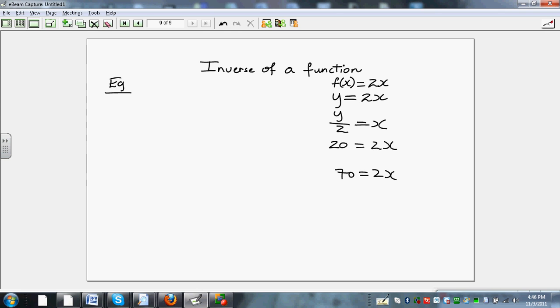Let's say we're looking at example 1 here, where they say if f of x is equal to 4x minus 3, find the inverse of the function.